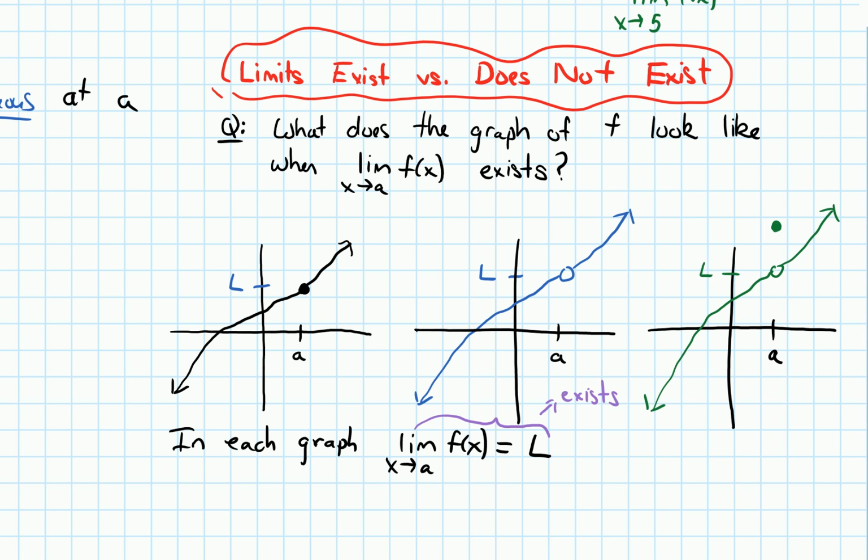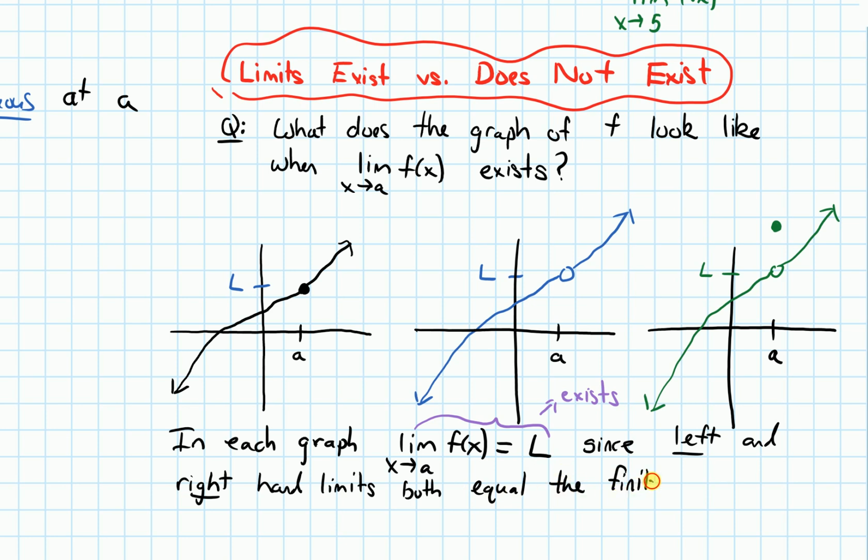But why does the limit actually equal L in each of these? Well, the limit equals L since the left and the right hand limits both equal the finite number L in each of these graphs.